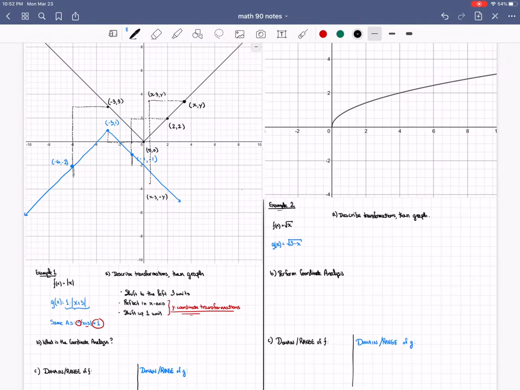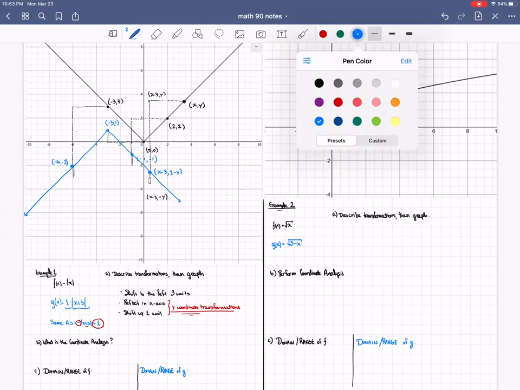And then last but not least, we're going to shift up 1 unit. So there is the final destination. That is where we end up. So notice that this last piece did not impact our x-coordinate. That's still x minus 3, but we added 1 to our y-coordinate. So it's -y plus 1, which we can also write as 1 minus y.